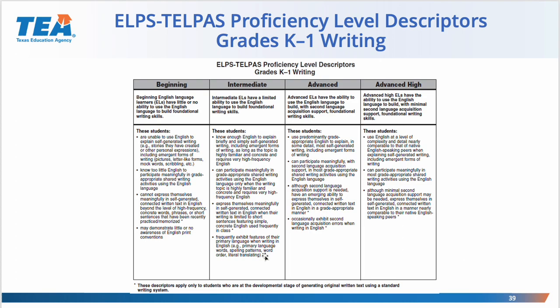So I'm not saying that all of our kids are Spanish speaking, but the majority of them are. And so if you're not familiar with Spanish, then you may not recognize some of those features from the primary language. You might look at it and think that doesn't make sense, right?